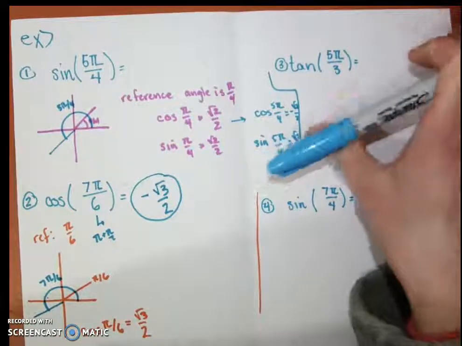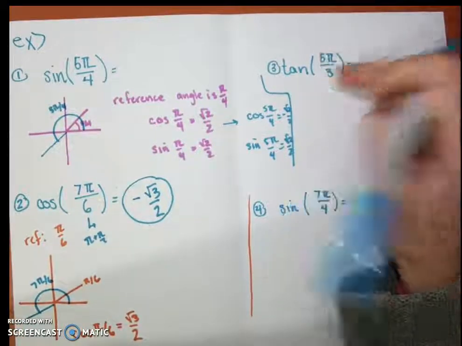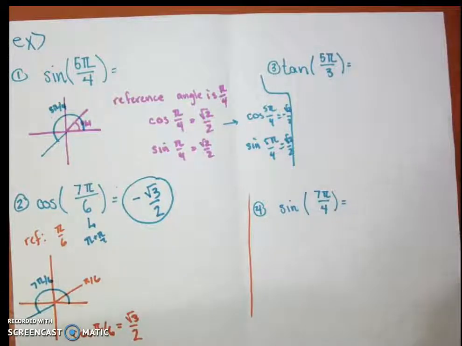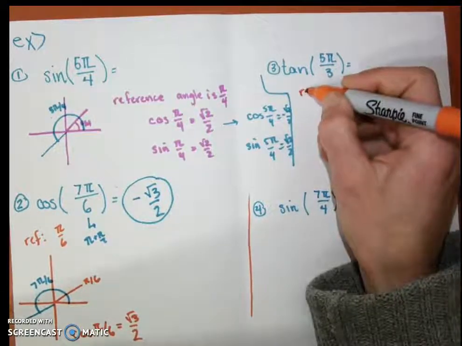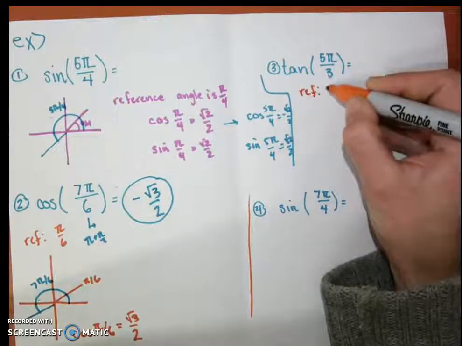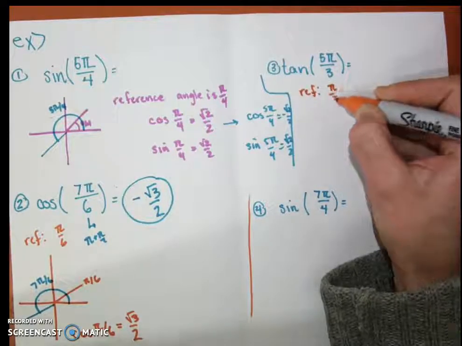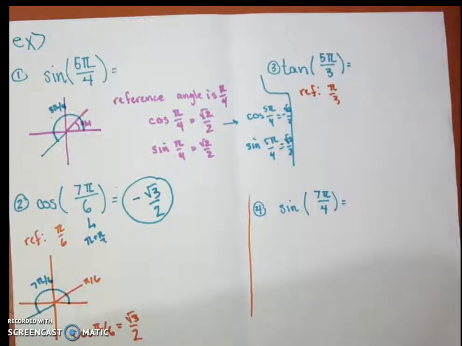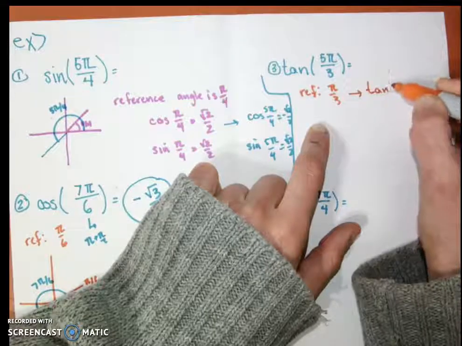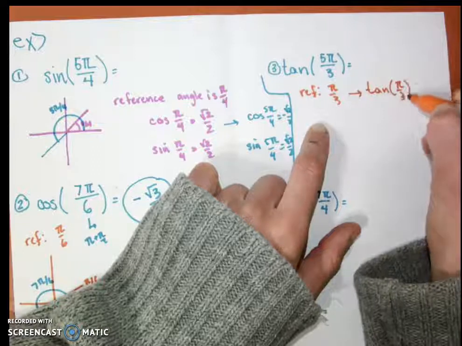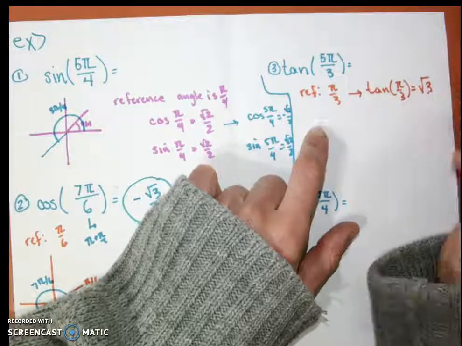Okay, so now I want to do tangent of 5 pi over 3. What's my reference? My reference angle is pi over 3. And what do we know? Well, we know that tan of pi over 3 is square root of 3.